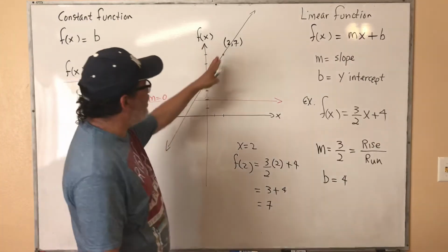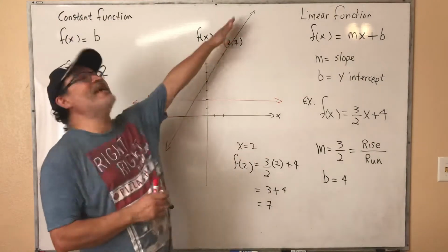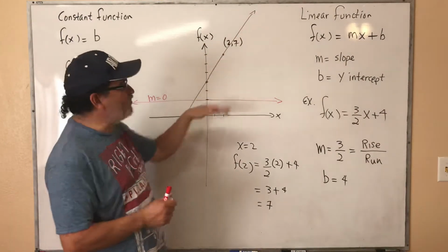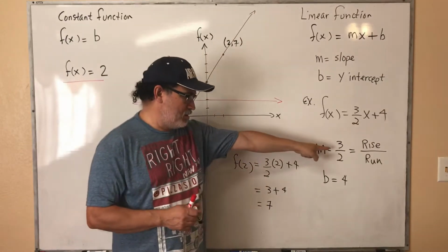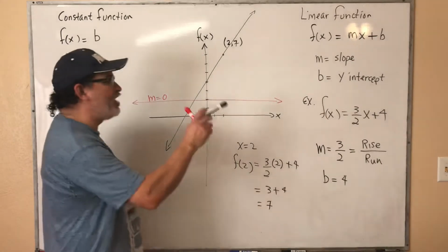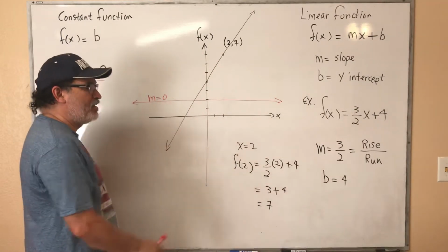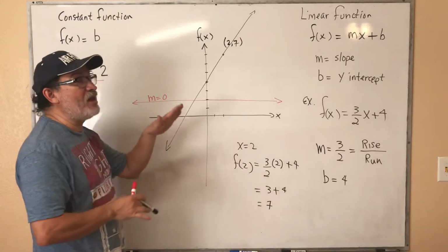Whereas this function right here does not have 0 slope because look, it's increasing. And look at the slope. The slope is positive. So increasing functions have positive slope. Decreasing functions have negative slope. And we're talking about linear functions.